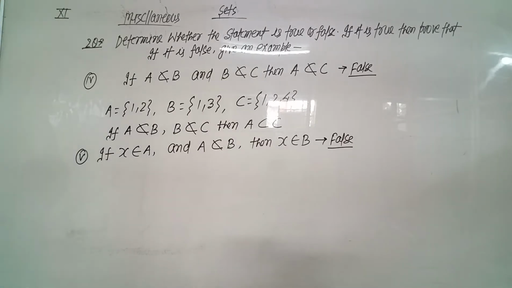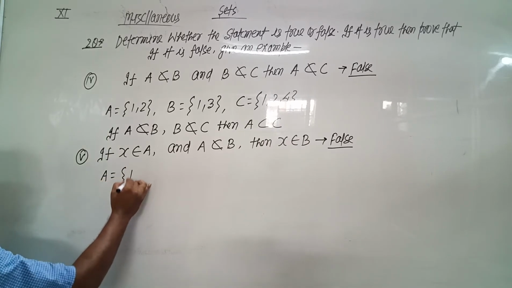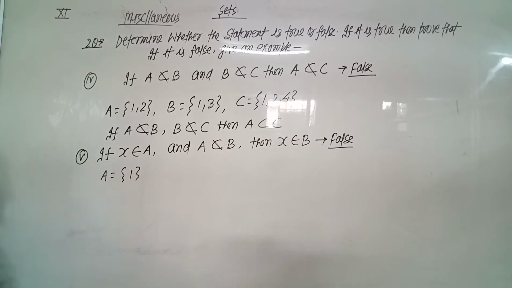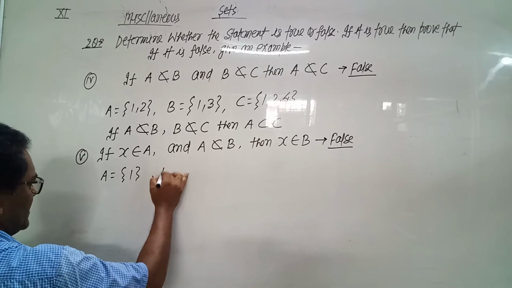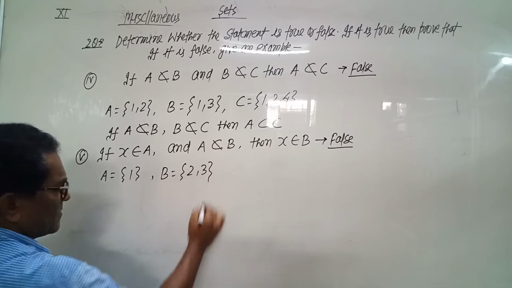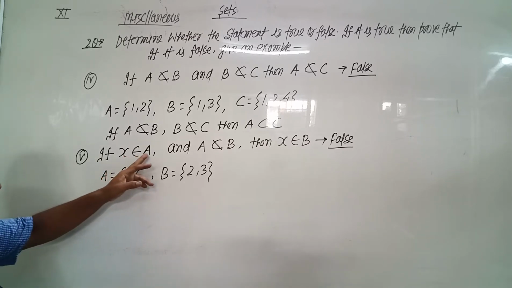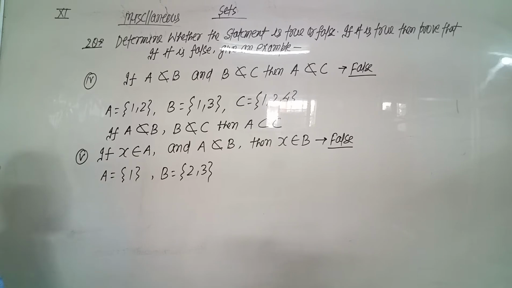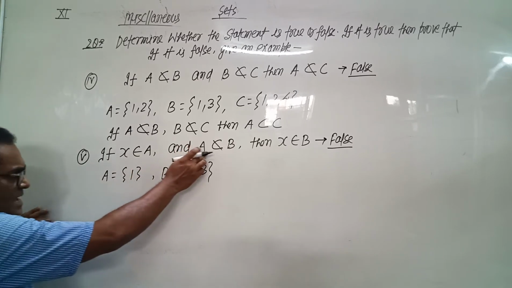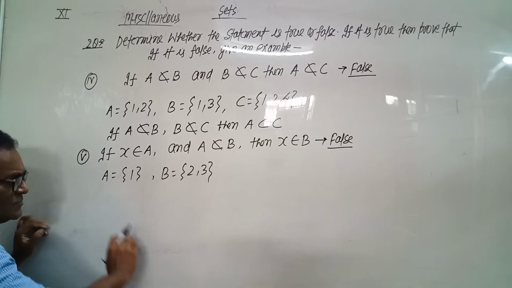So let set A equal 1 and set B equal 2, 3. What we have been given: if X belongs to A and A is not a subset of B, here the value of X is 1.